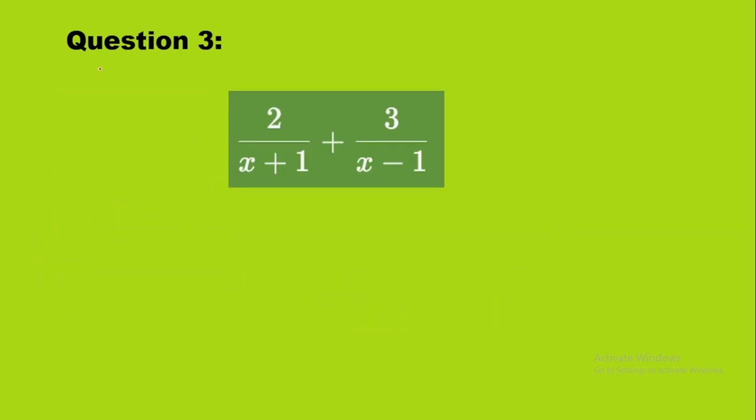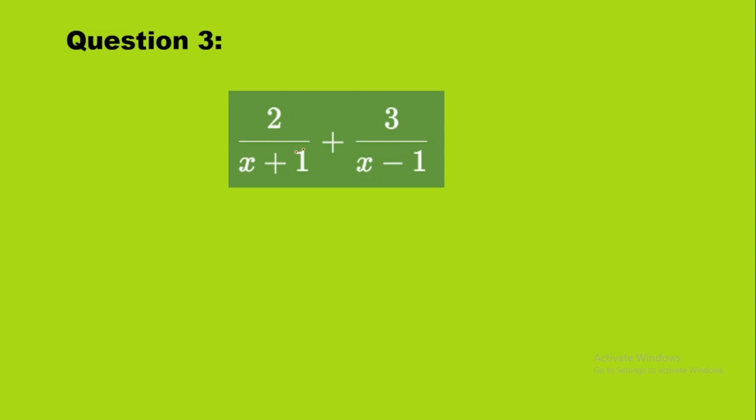So let's look at number 3. Question 3. We have a very interesting question right here, because for each denominator, meaning for each term at the bottom of each of these fractions, there are 2 terms.